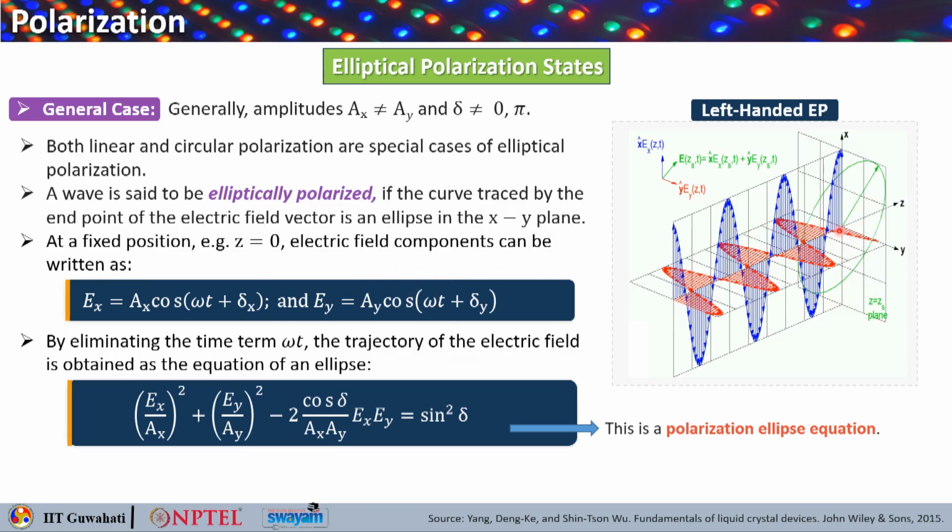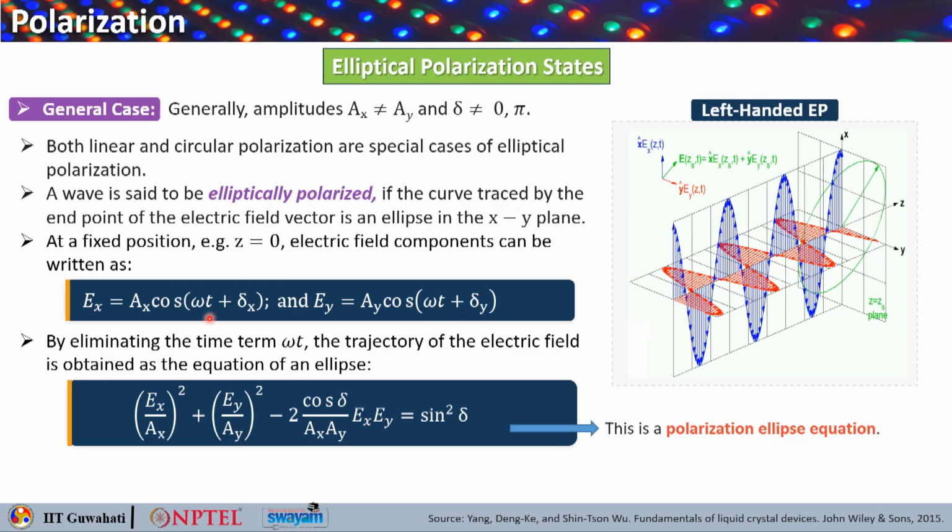So, equation wise, if you consider z equal to 0, you can write Ex, that is the blue component, will be equal to Ax cos(omega t plus delta x), and Ey will be Ay cos(omega t plus delta y), okay.